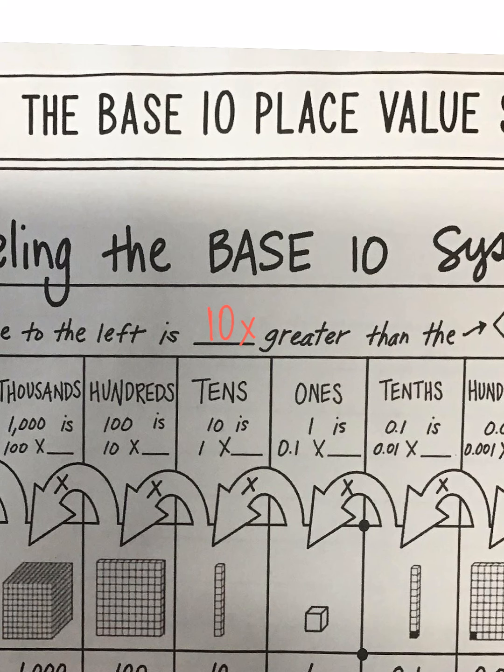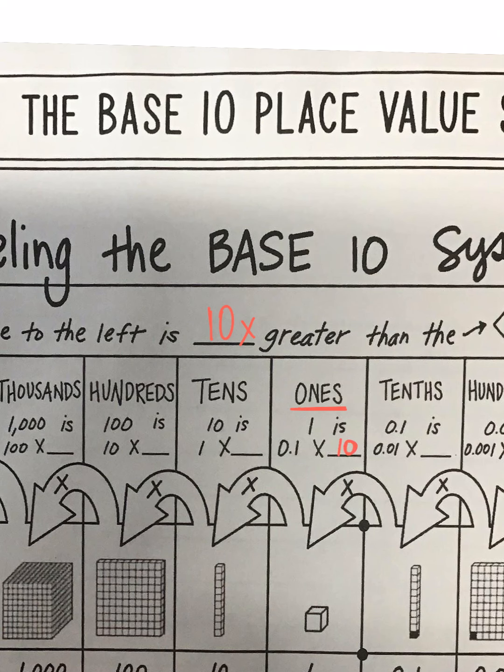So if I start at my ones, let's just start there because it's a whole number. Does everybody see my ones place right here? Yes. Okay. If I start at my ones place, 1 is 0.1. How do I read that decimal? 1/10. 1/10 times 10.